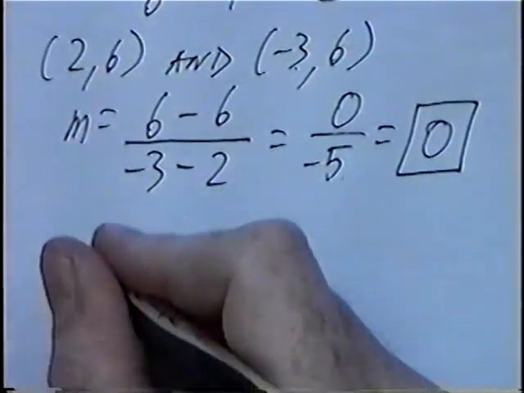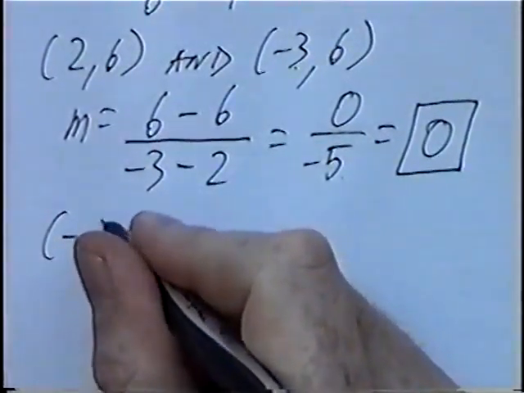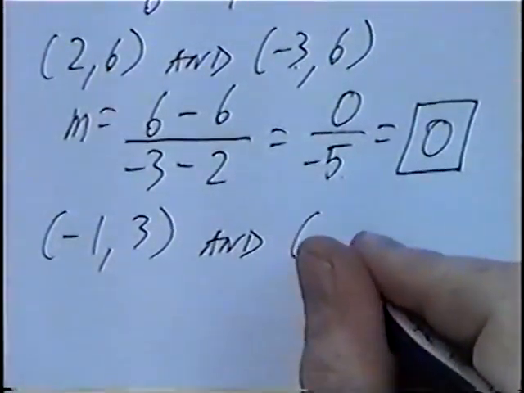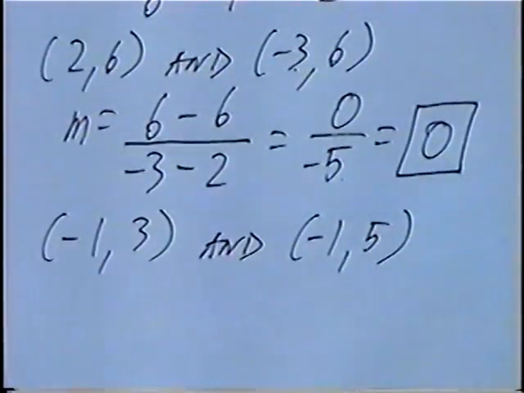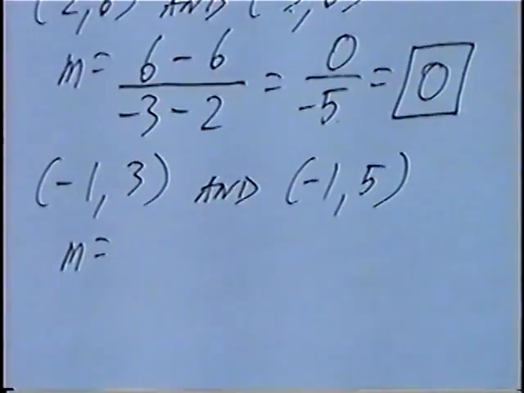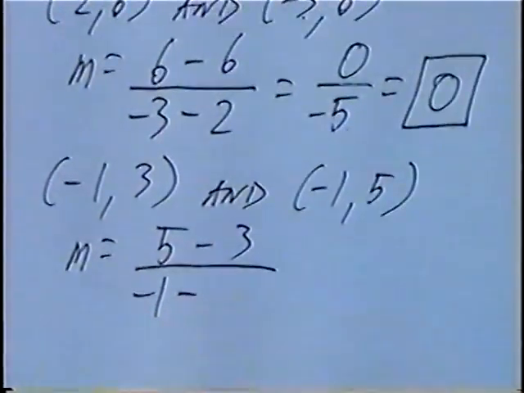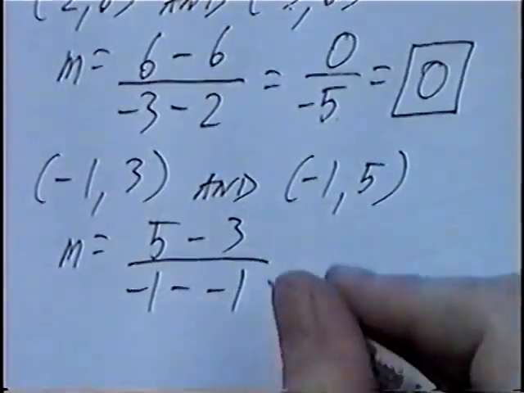And the last question for the section. The first point, negative 1 comma 3 and negative 1 comma 5. M equals the second point y value, which is 5, minus the y value from the first point, which is 3, divided by the second x value, negative 1, minus the x value from the first point, which is also negative 1.